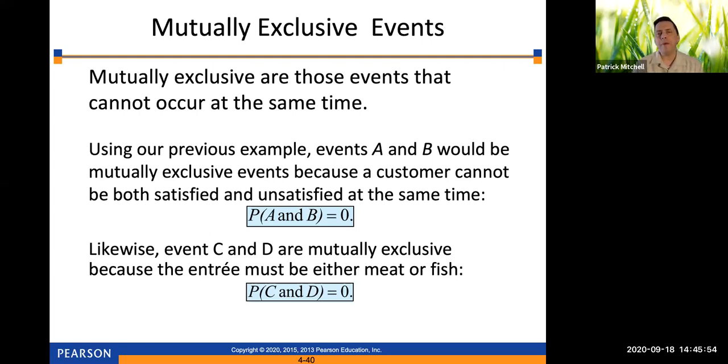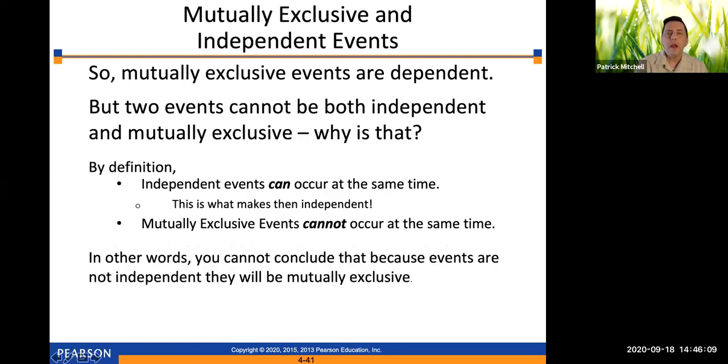So that means probability A and B equals 0. Likewise, events C and D are mutually exclusive because the entree cannot be both meat and fish. It has to be one or the other. So mutually exclusive events are automatically dependent.